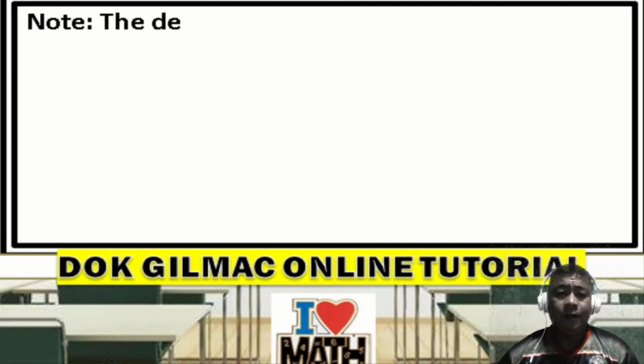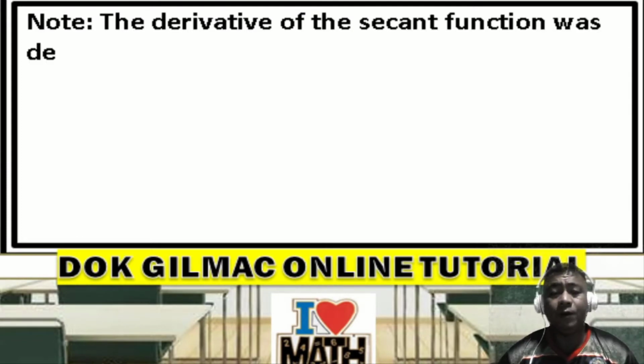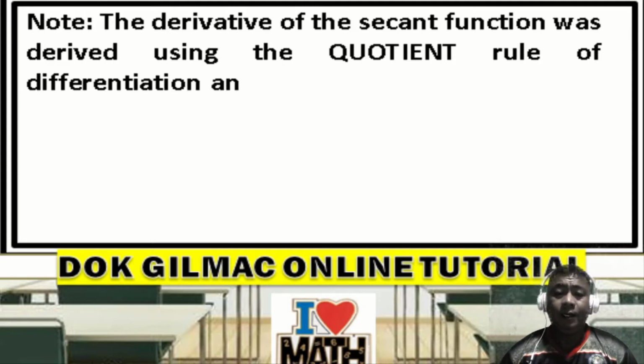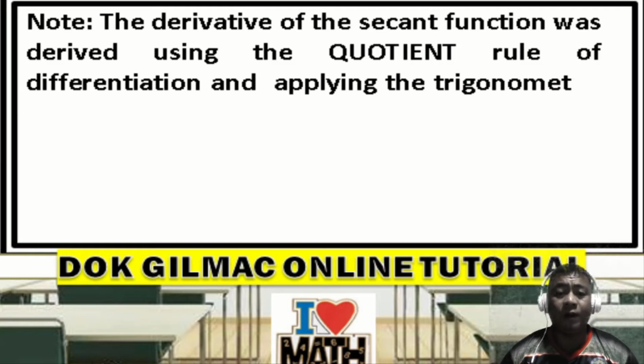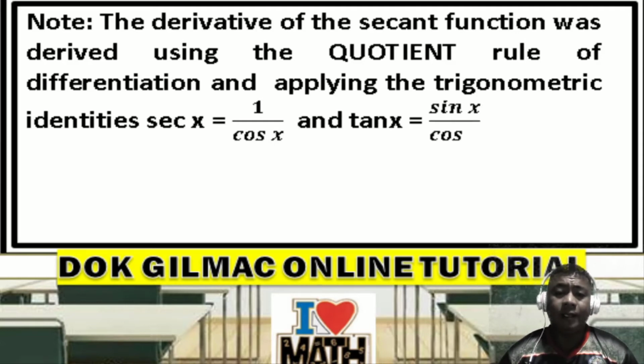Take note, the derivative of secant function was also derived using the quotient rule of differentiation and also the trigonometric identities, that is, secant x is just equal to 1 over cosine x, or simply the reciprocal identities, and also tangent x is equal to sine x over cosine x.